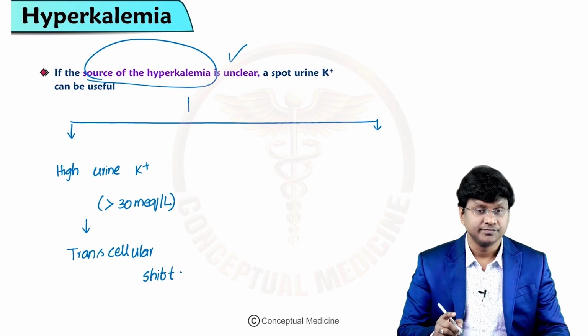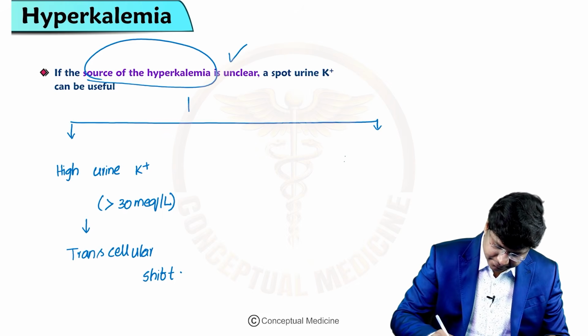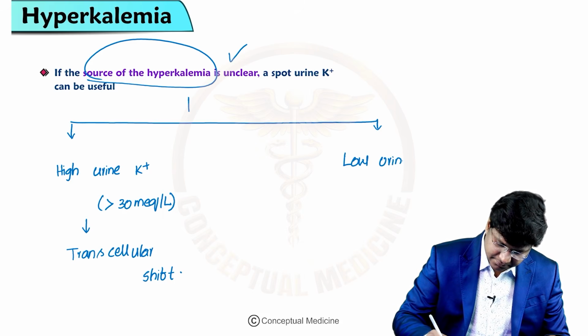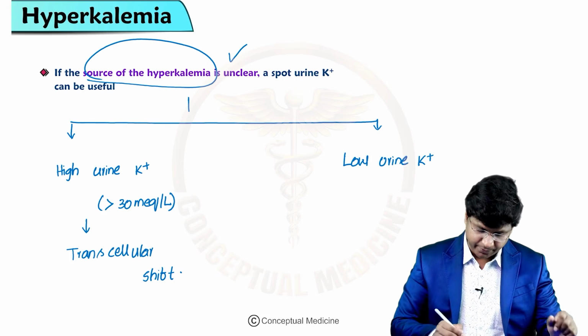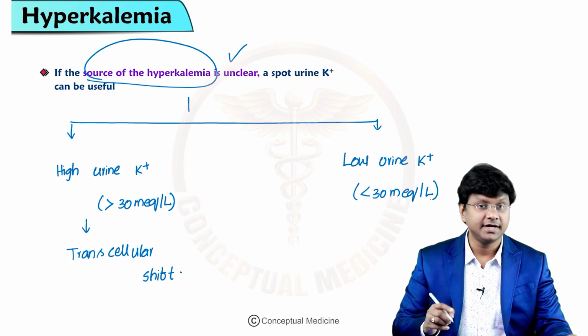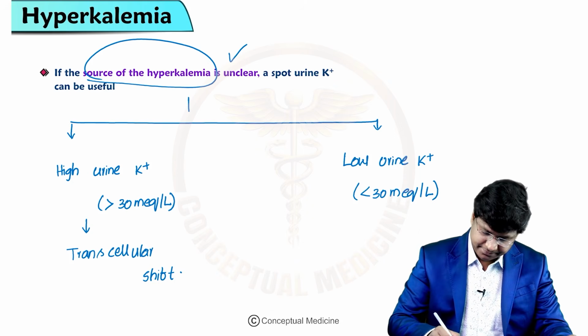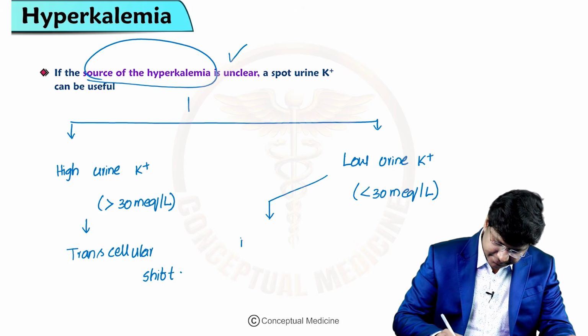And suppose there is low urine potassium, meaning less than 30 milliequivalents per liter, that indicates impaired renal excretion.